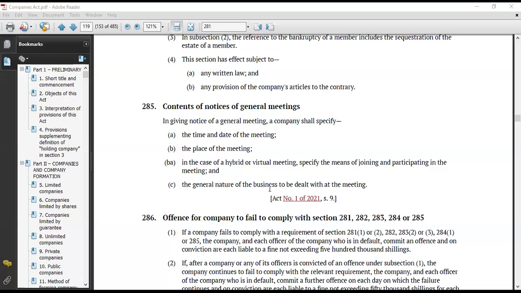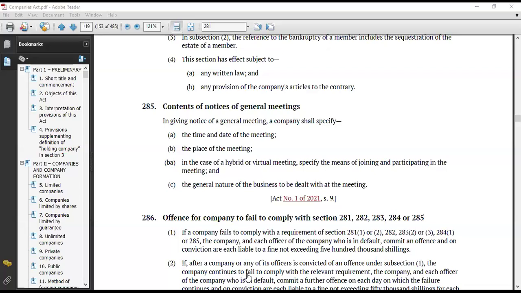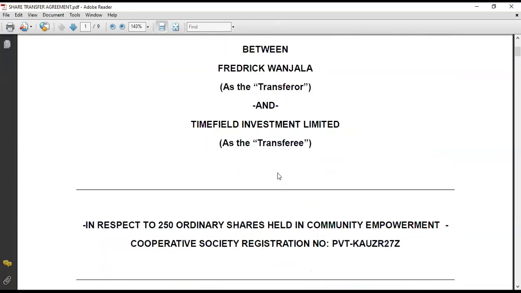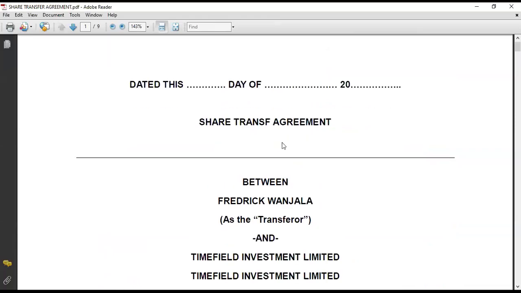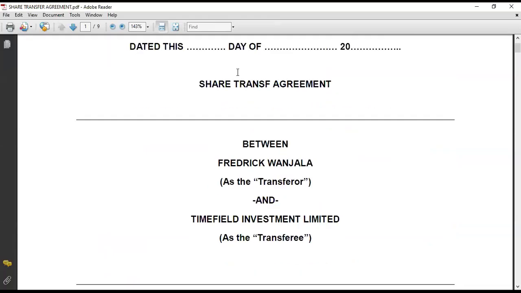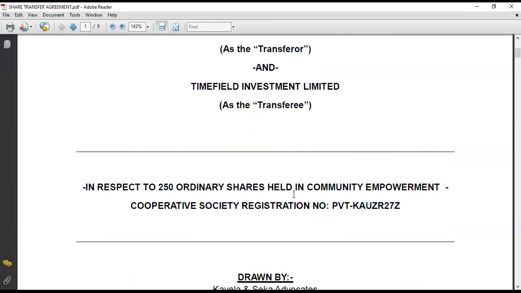So let me project this. These are the share transfer agreements. Of course, I'll share it. Share transfer agreement between transferee and transferor in respect of 250 ordinary shares.